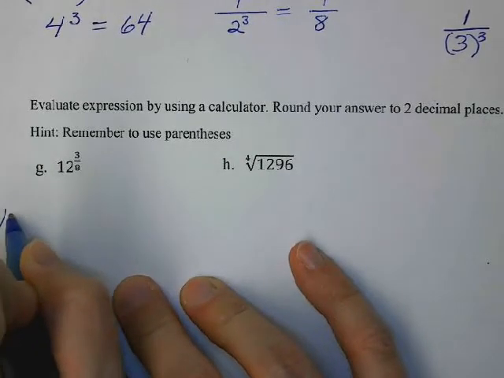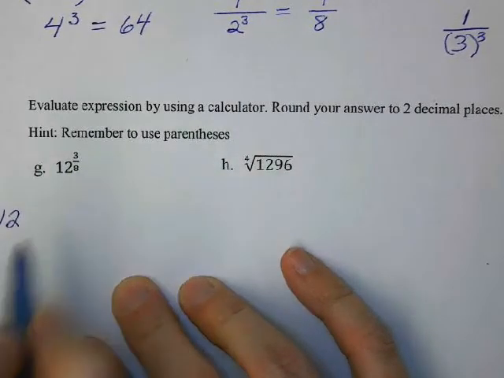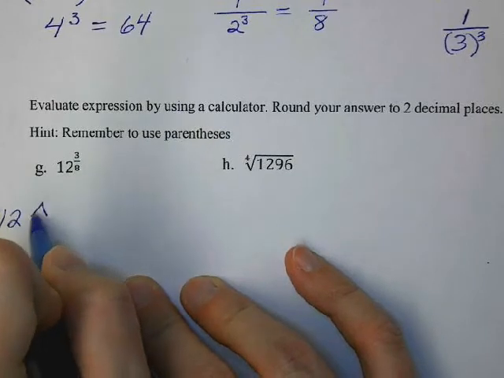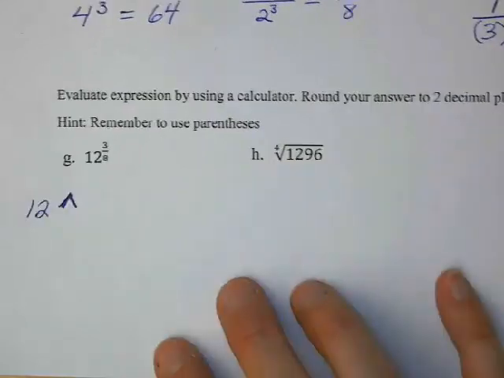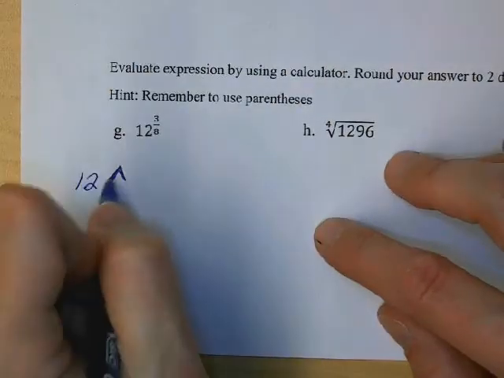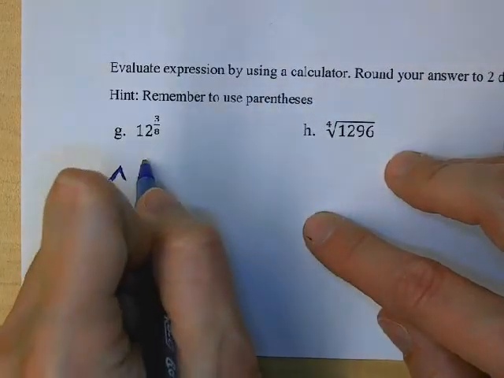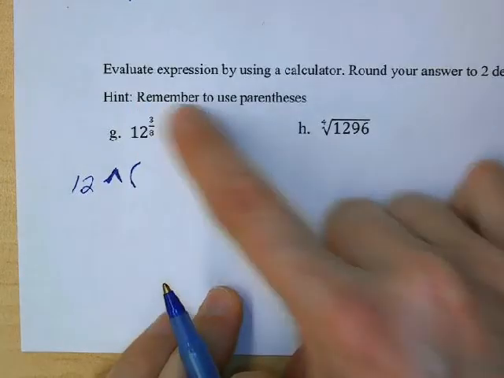If you're going to do this one, 12 to the 3/8 power, it's a weird power, but that's fine. You can do 12, hit the up arrow, the caret key. Then you have to use parentheses. Hint, remember to use parentheses.